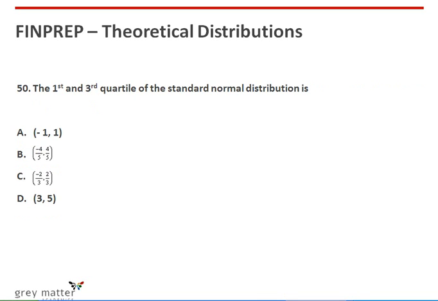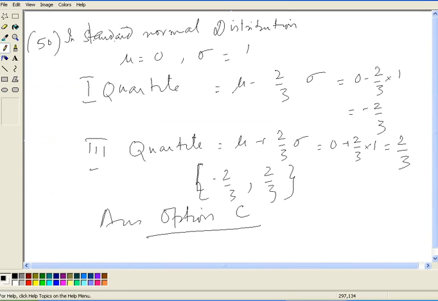Going to the last question, that is the 50th question. The first and third quartiles of the standard normal distribution need to be computed. In a standard normal distribution, mu, the mean, is 0 and sigma, the standard deviation, is 1. So the first quartile would be mu minus 2 by 3 sigma, which works out to minus 2 by 3.